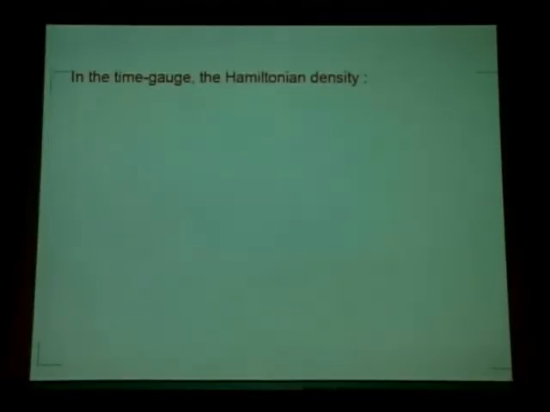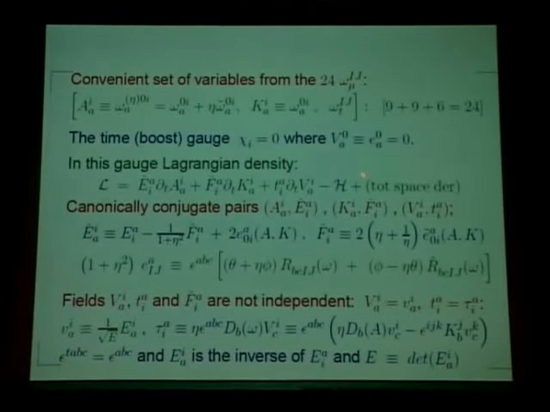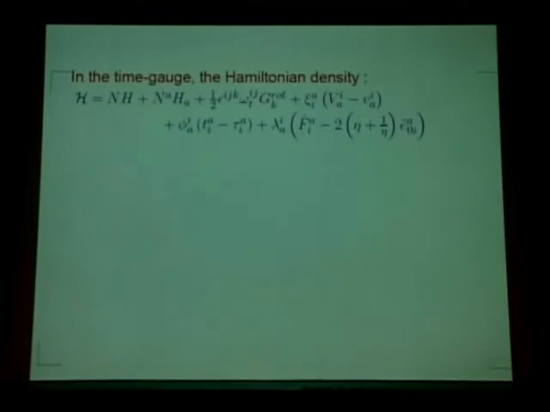And the Hamiltonian density here in the time gauge has the form that it's the lapse times an expression H, which is to be identified with the Hamiltonian constraint, N^a times H_a, omega^ij times G^rotation_ij, and expressions which reflect that V, T, and F are not independent fields.